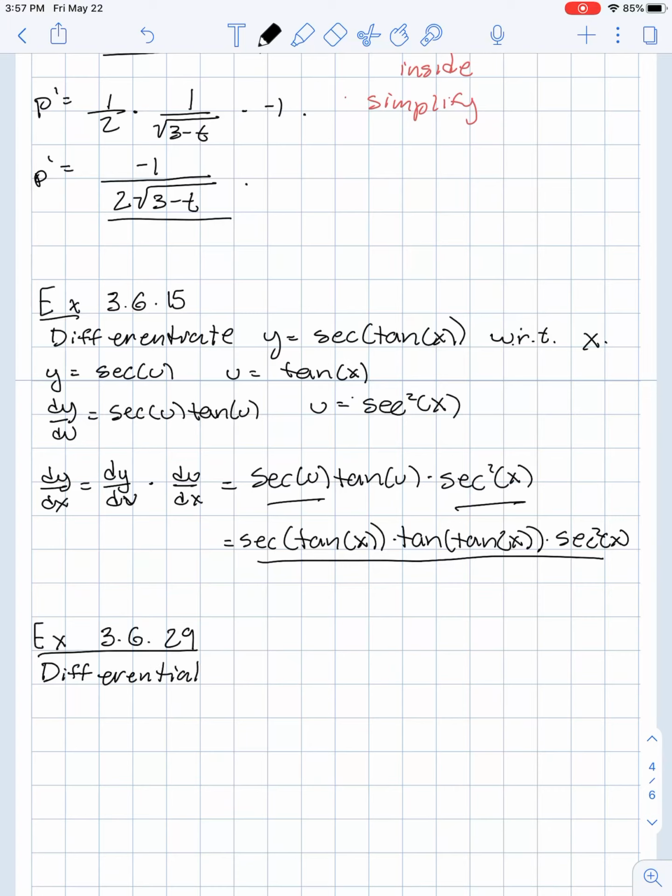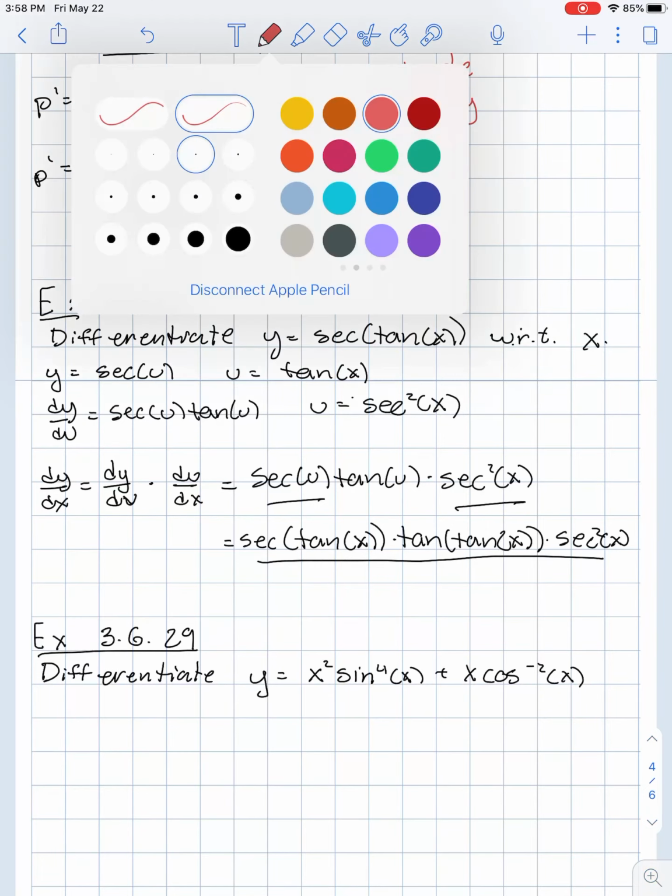So if I am asked to differentiate y equal to x squared sine to the fourth x plus x cosine to the negative 2x.